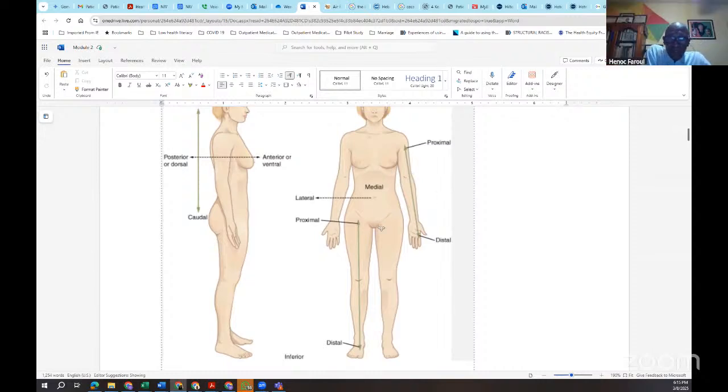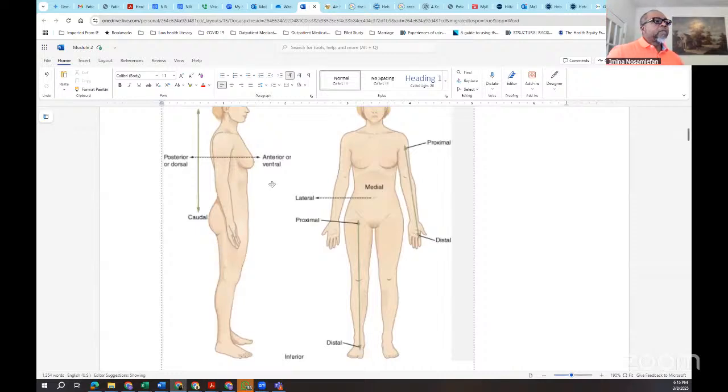As you go toward the middle, you say it is medial. And as you go toward the outside, you say it is lateral. So this is the sternum. The sternum is medial to the nipple, but the arm is lateral to the nipple.